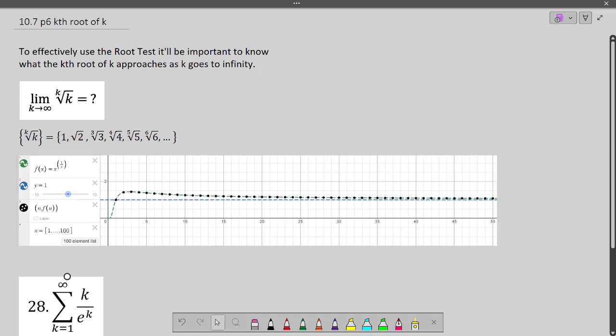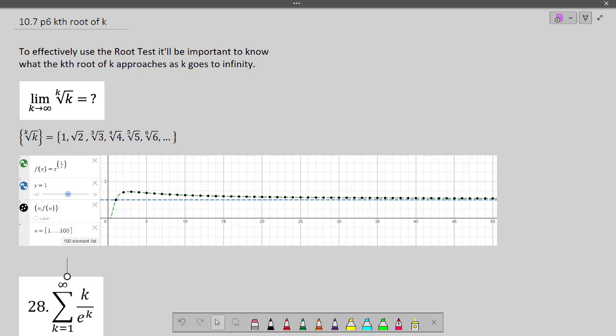So when we're dealing with roots, this question is going to show up a lot, ending up with the kth root of k. And it might not be obvious at first that this actually has a limit. If you look at this graph that I put up here from Desmos, the limit looks to be ostensibly 1.